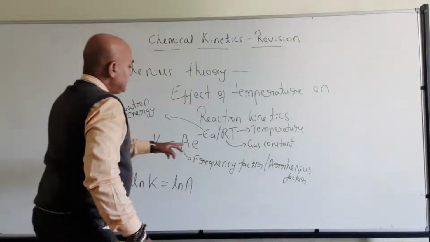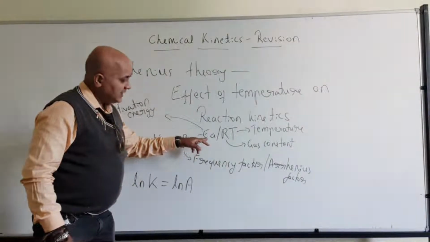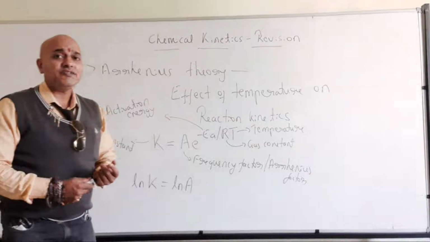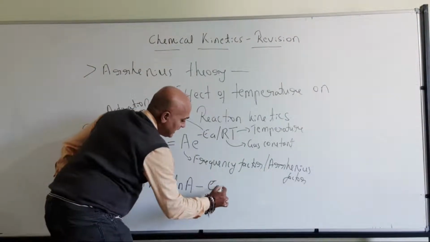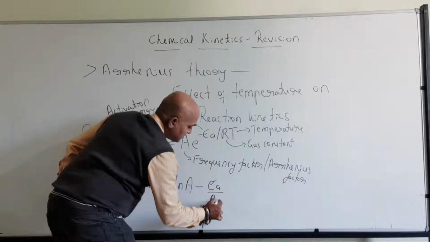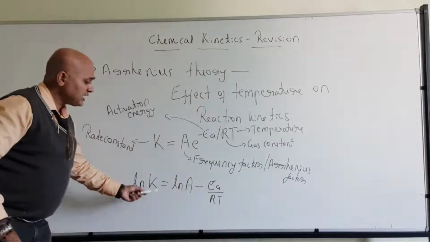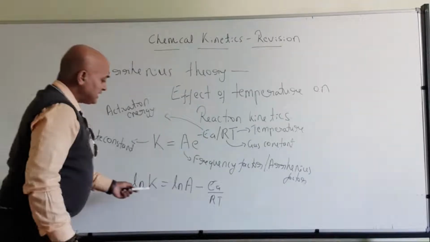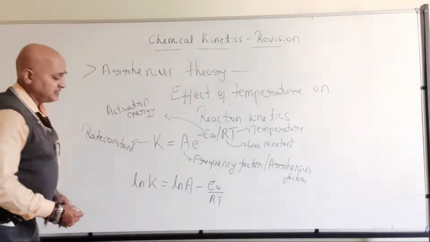So e to the power of minus Ea by RT will become minus Ea by RT as it is; no need to write the e. So that's how I have converted this equation into logarithmic form: ln k is equal to ln A minus Ea by RT.